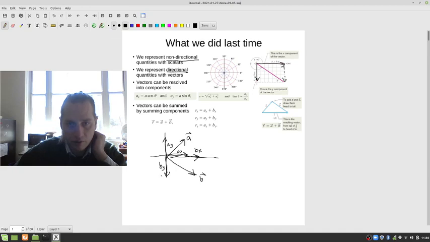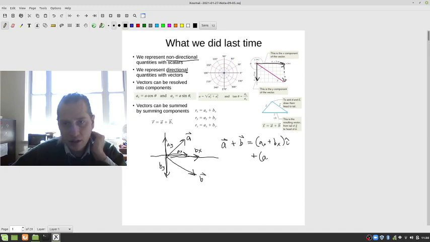That would be a negative number. And then if I wanted to find my a plus b, I could do that by having ax plus bx times i hat. I hat is our notation for a unit vector in the x direction, plus ay plus by times j hat. And that j hat is the notation for a unit vector in the y direction.